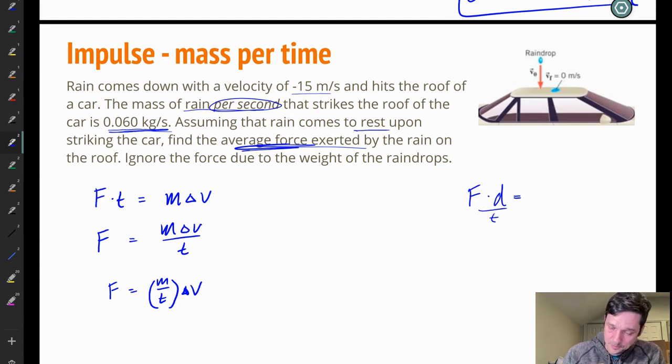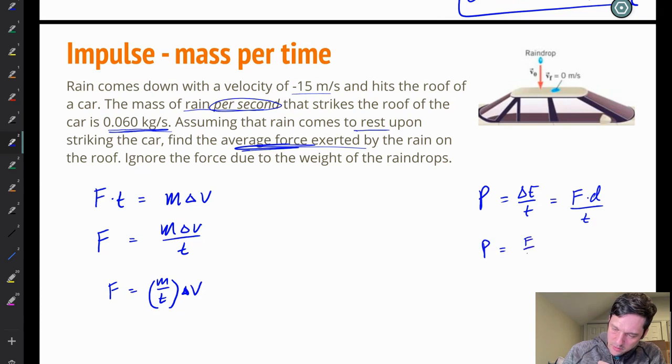When we were playing around with work and energy, we're saying that power is equal to the change in energy divided by time, and we set that equal to the force times distance over time.